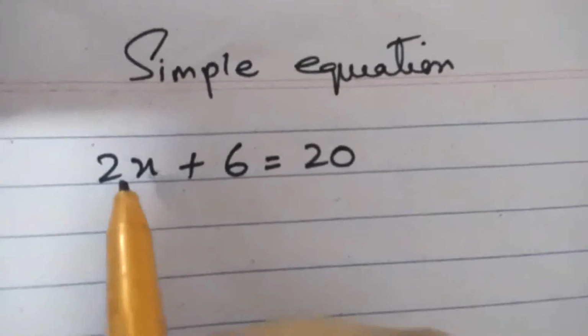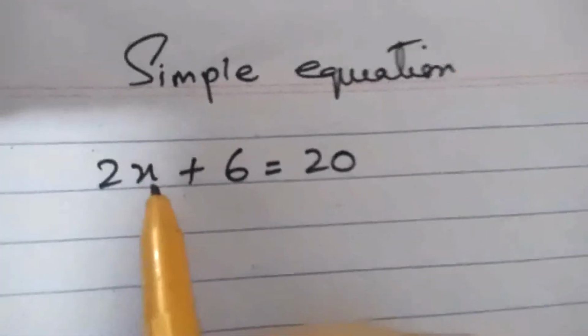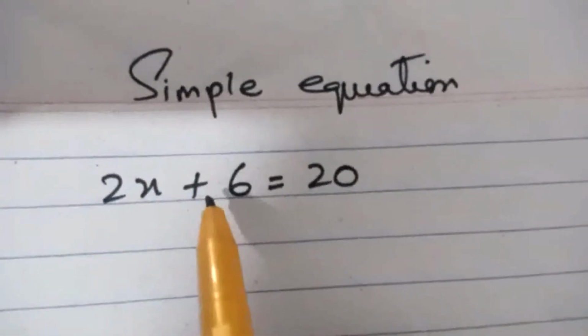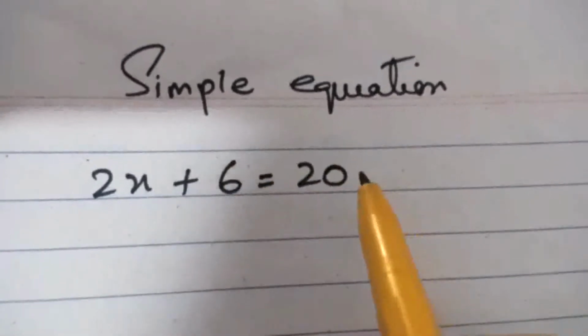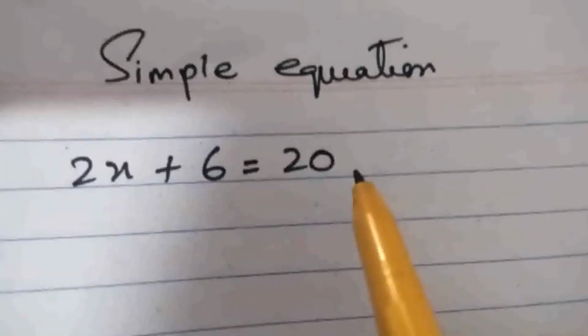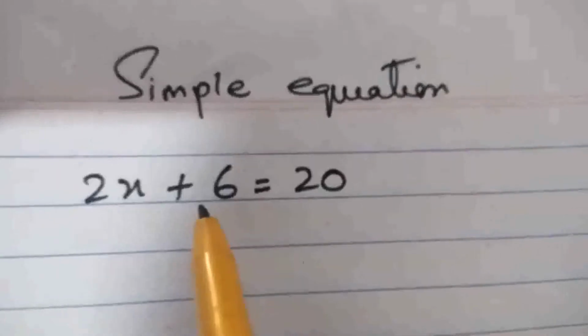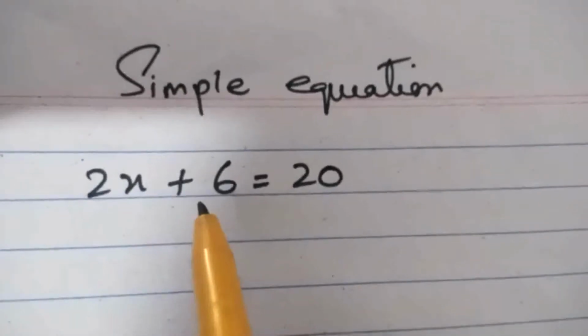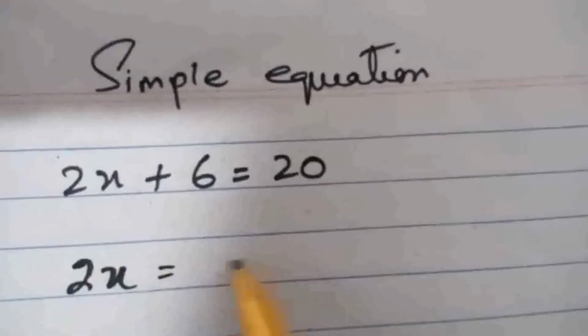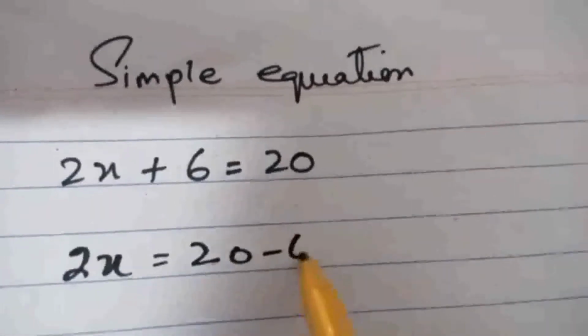As you see, 2 is directly connected with x, so we start working on plus 6 first of all. So plus 6 is transferred from left to right. It will become negative on the right side because we are changing the side of 6. 2x is equal to 20 minus 6.